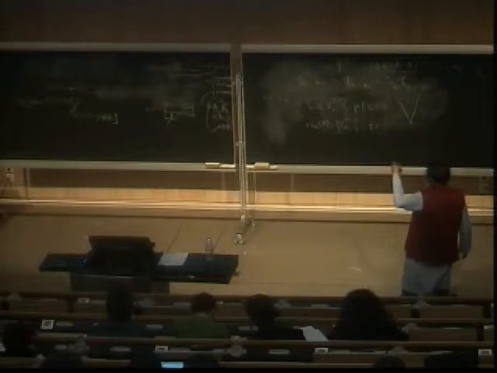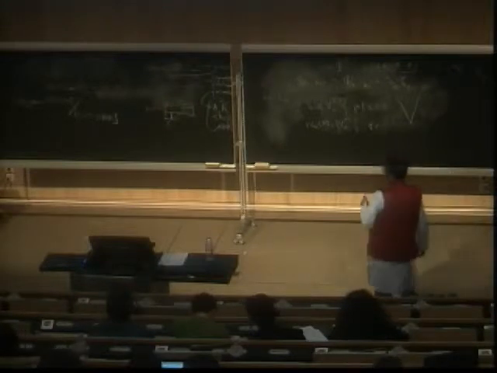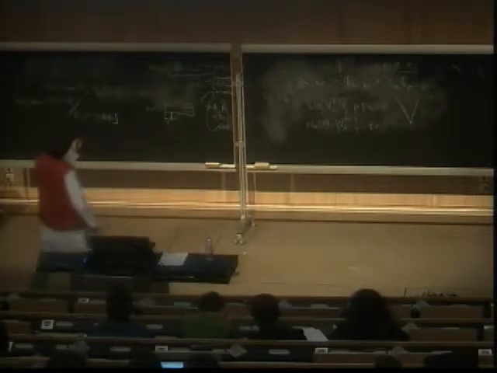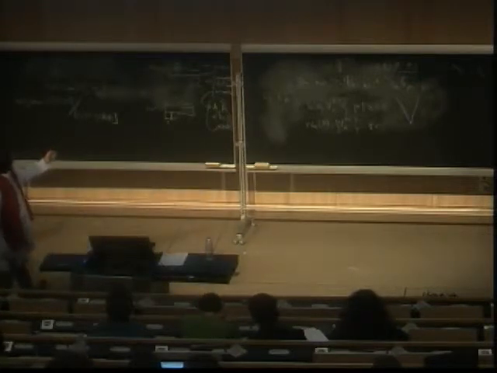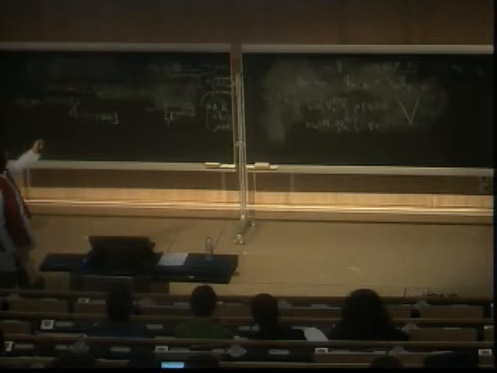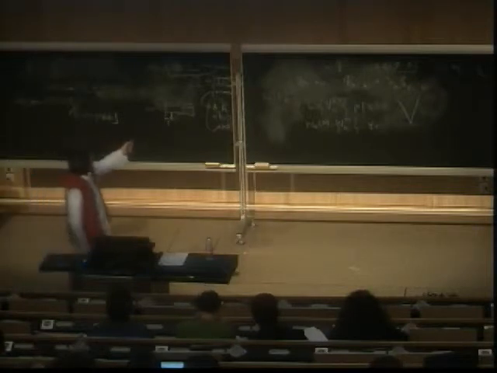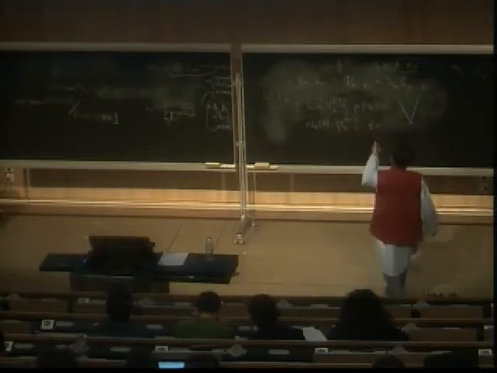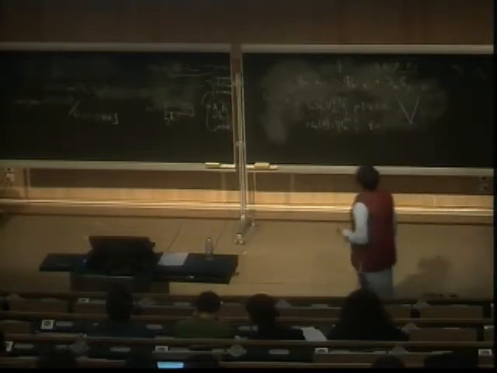Remember that in 3 dimensions, phi has a canonical dimension of one half, so phi_I phi_I has canonical dimension 1. So at the free or UV fixed point, this had dimension 1, but the large N analysis shows that in the infrared it has dimension 2.